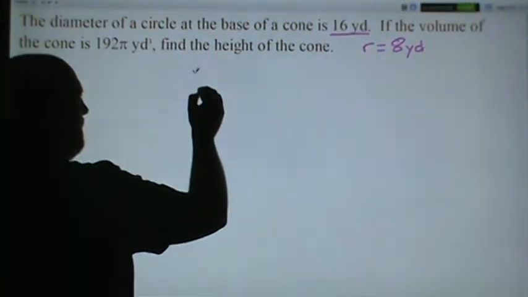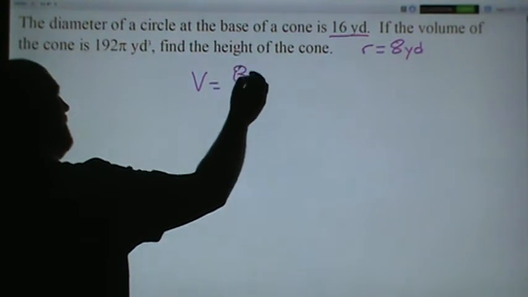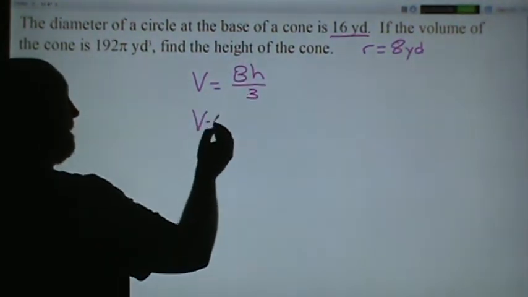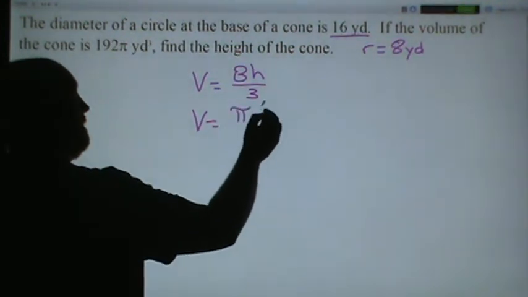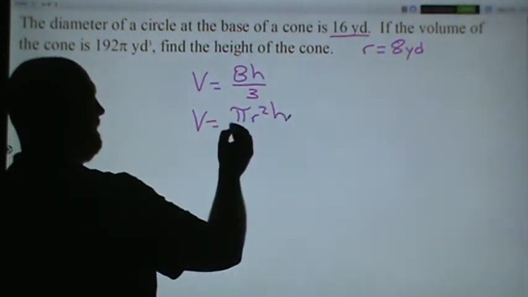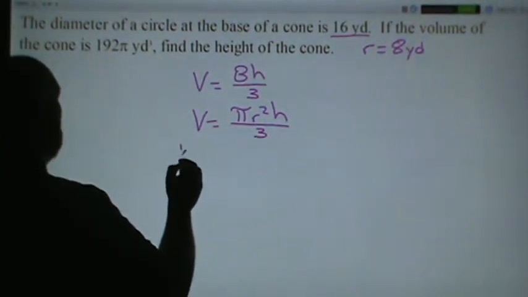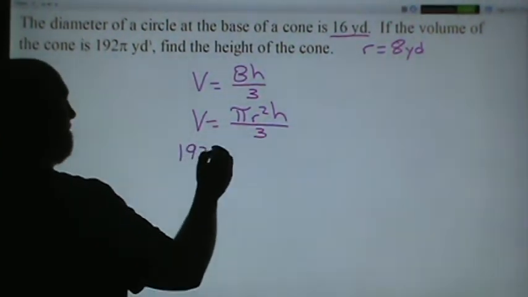Yet another volume formula. Volume equals area of the base times height divided by 3. We're going to have a circle at the base, so we're going to put pi r squared in for the area of the base times the height divided by 3. The volume, they told me, is 192 pi.